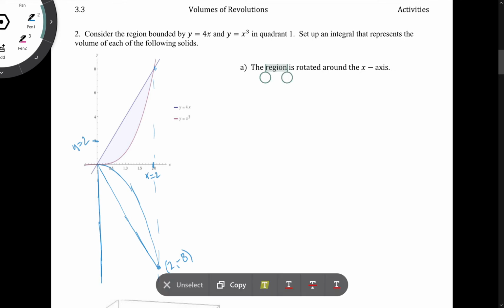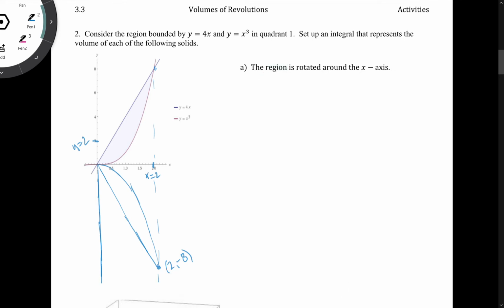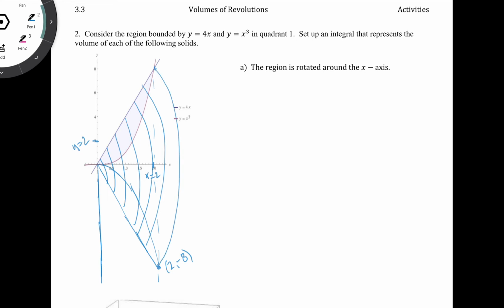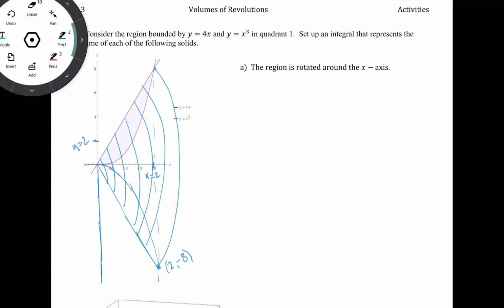And remember, only the shaded part is going to create volume. So we're going to have this perfect cone as the outside of our shape. And then on the inside, oh no, I can't snag this thing. There we go.